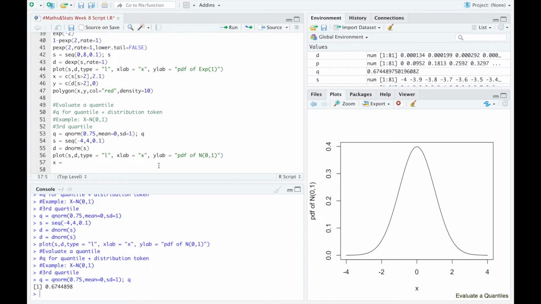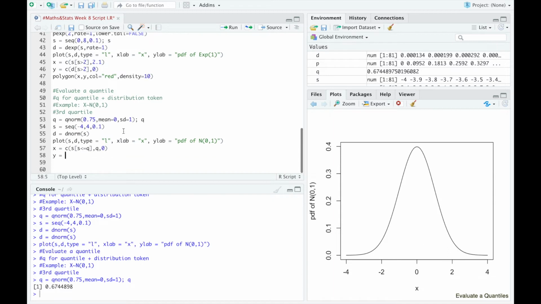Now I'll skip the explanation, but if you're interested, have a look at this. However, this is not compulsory. Okay, then q, and then q, 0. Sorry.